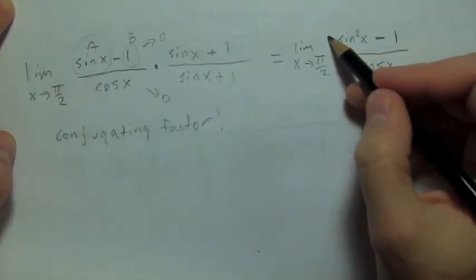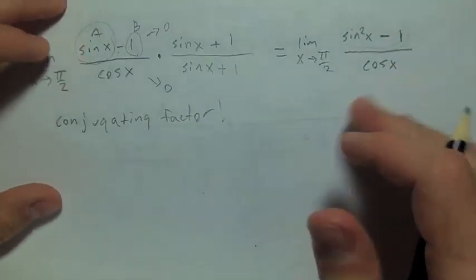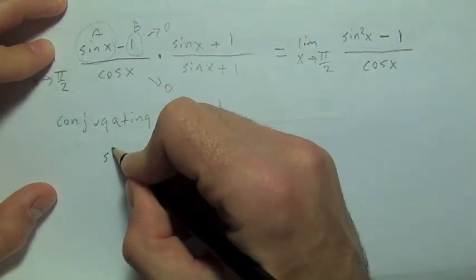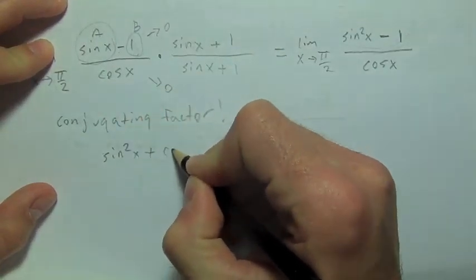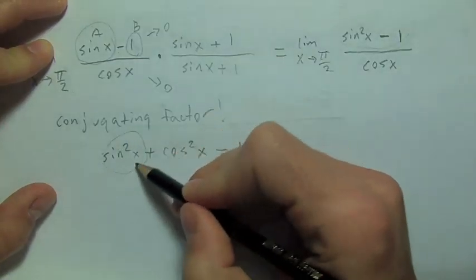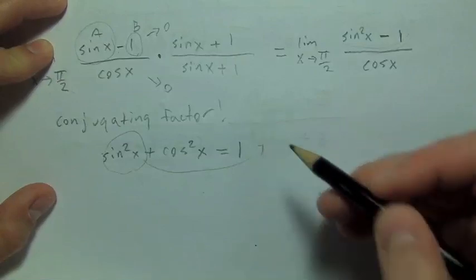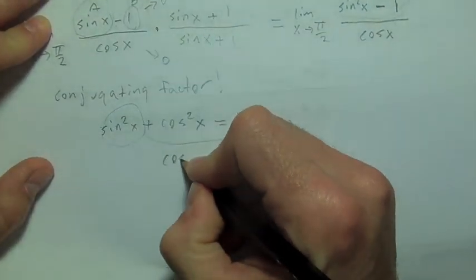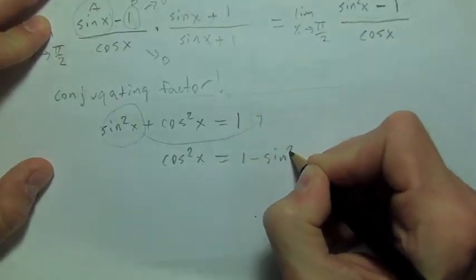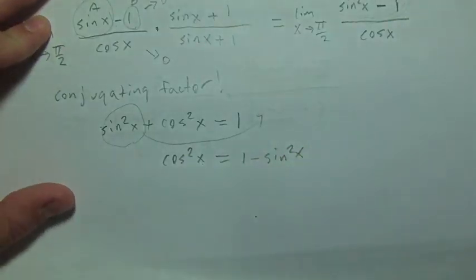And this sine squared x minus 1 should look very familiar. In fact, if you think about the most important trig identity you have, which is sine squared x plus cosine squared x is equal to 1, if you move the sine over, you get cosine squared x is equal to 1 minus sine squared x.